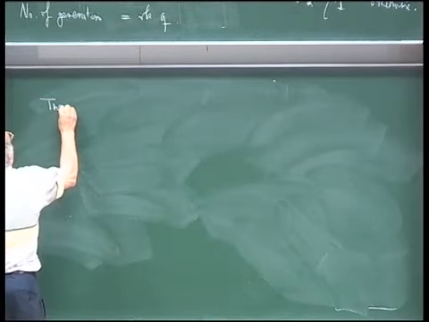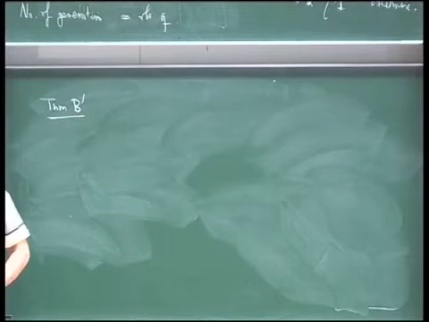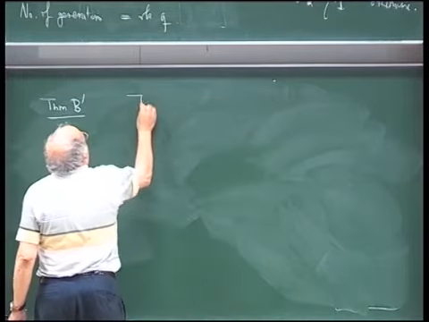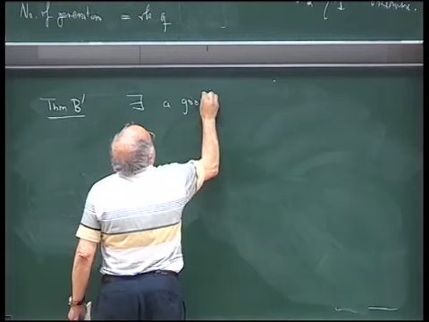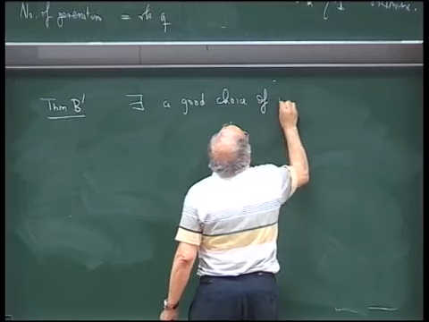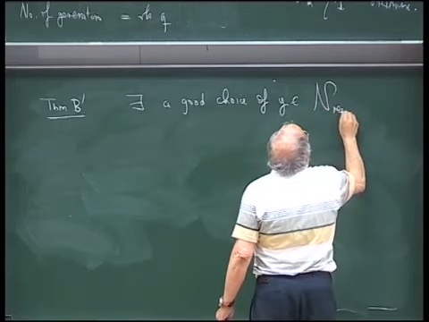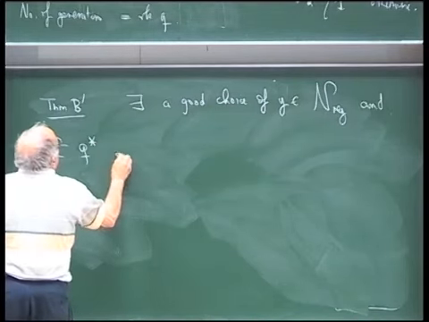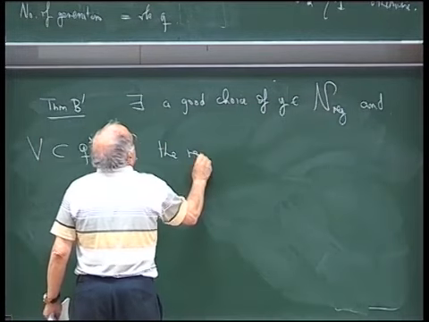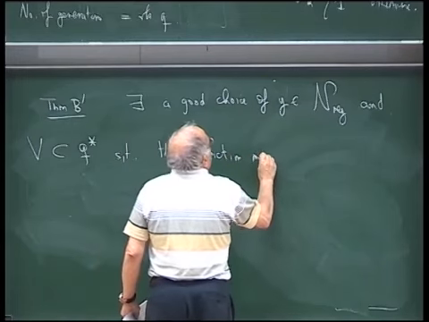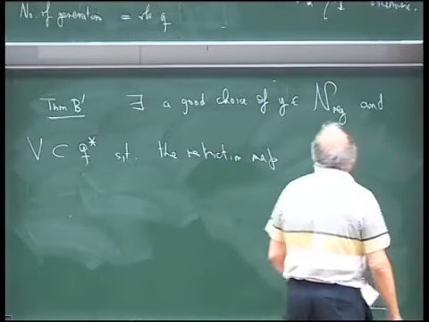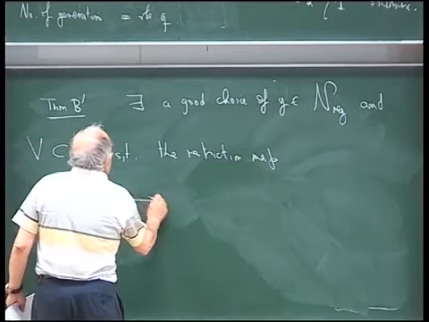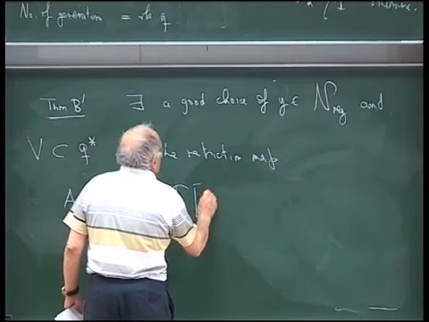The theorem B prime, if you like, the way I've modified the theorem B from being a false theorem into a true theorem, is that there exists a good choice of y in n regular and v in G star, such that the restriction map from this algebra A of G, which is a polynomial algebra, becomes an isomorphism onto y plus v.